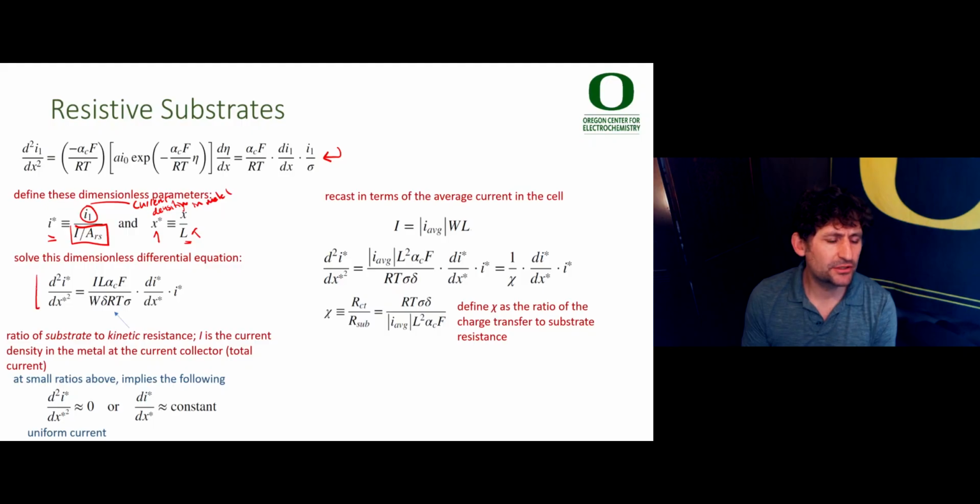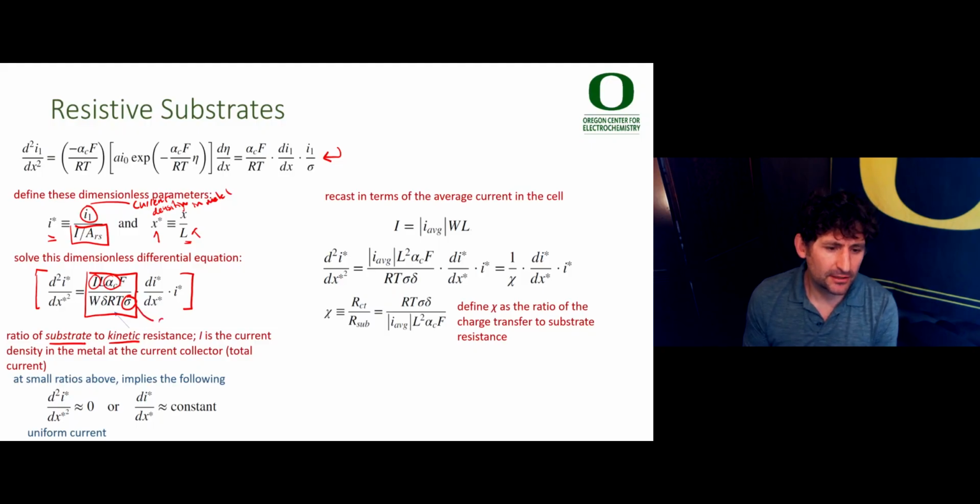And now we have a dimensionless differential equation here that can be solved. Notice this term out front of the differential. This term is related to the ratio of the substrate to kinetic resistance. Notice you have I and alpha C here on top. That's related to 1 over the kinetic resistance. And you have sigma, which is related to 1 over the substrate resistance.